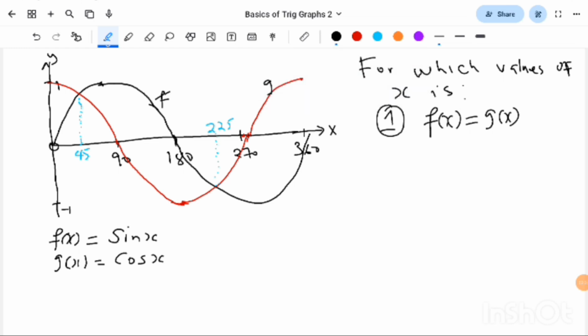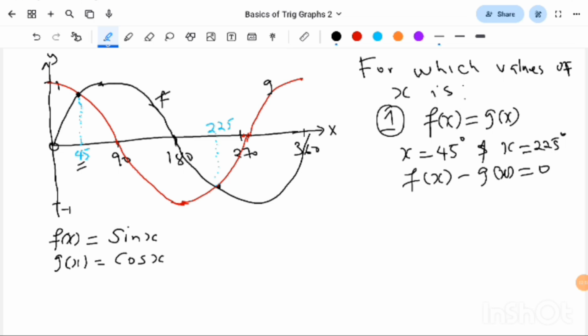You'll see that your graphs intersect here, where the value of x is equal to 45 degrees. And where else? Here, where the value of x is equal to 225 degrees. This question can also be asked as: for which values of x is f of x minus g of x equal to 0?